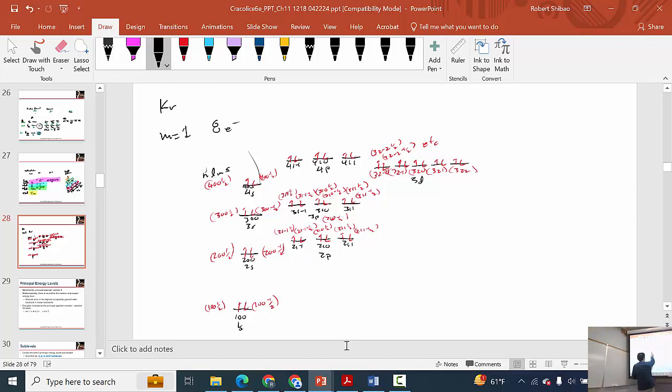N is the first number. So both of these have N equals 4. This one's 4, 0, 0, +1/2. This is 4, 0, 0, -1/2. So that's 2. And then all of these have N equals 4. And so 2 and 6 makes the 8. That's how we got it.